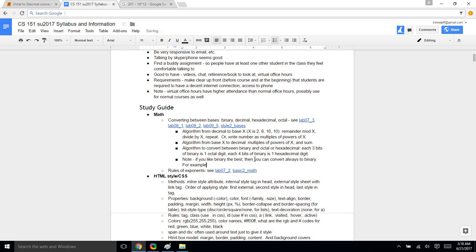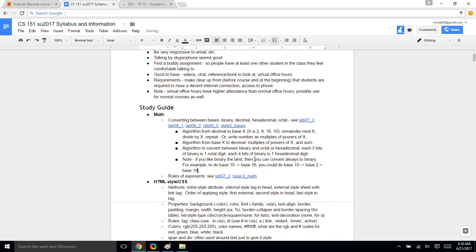Example, to do base 10 to base 16, you could do base 10, base 2, and then base 2 to base 16.